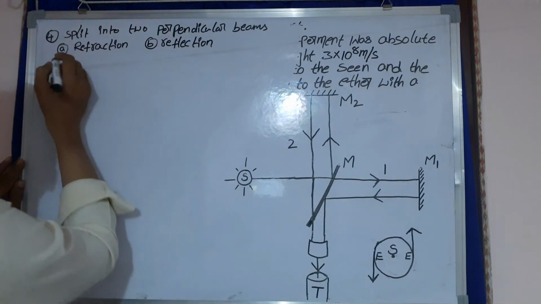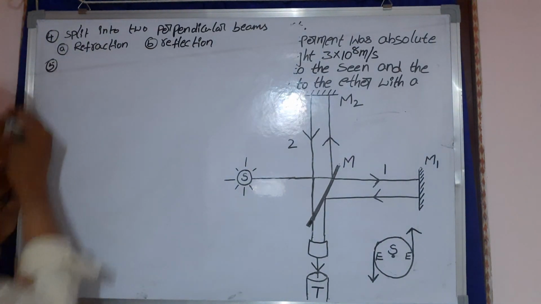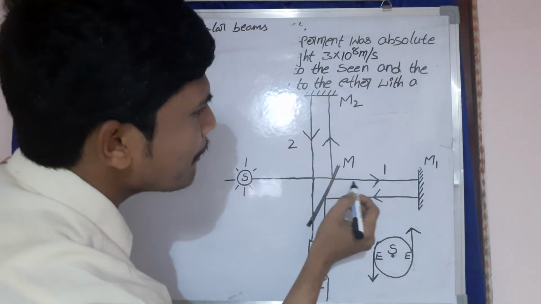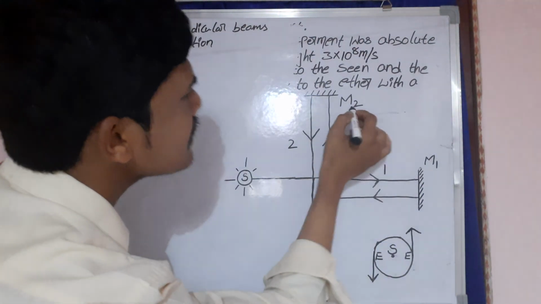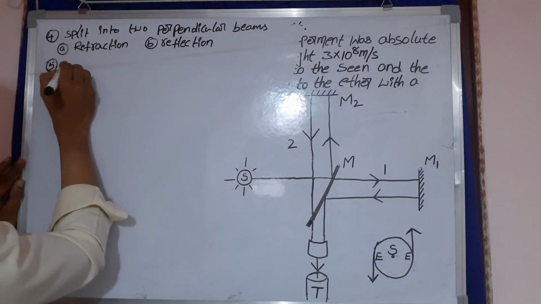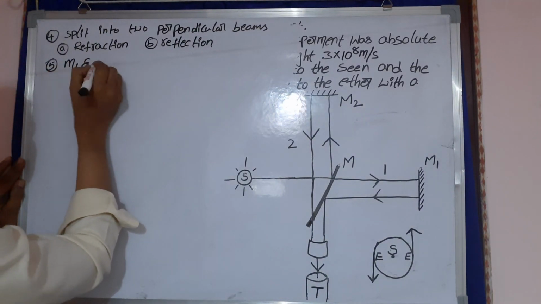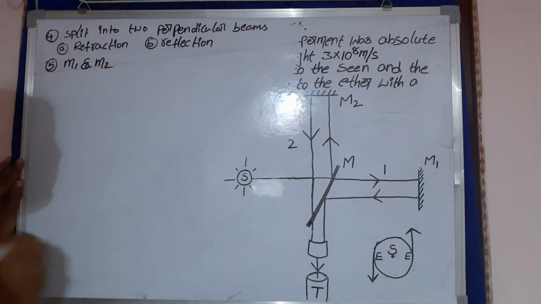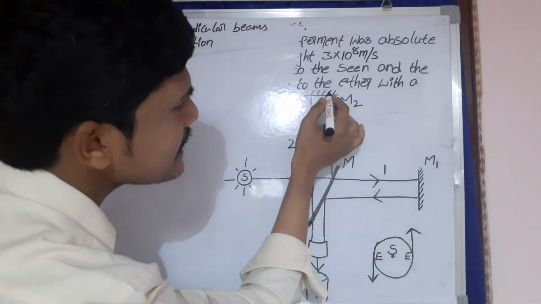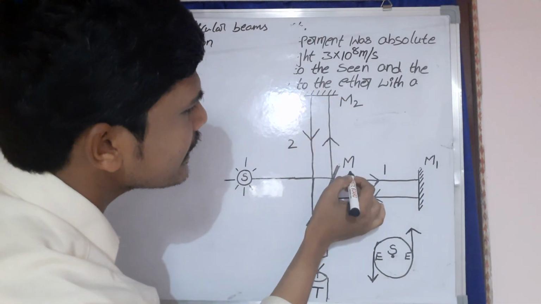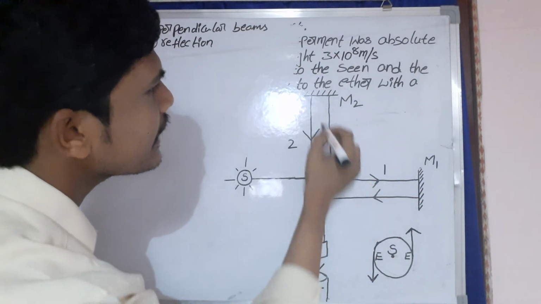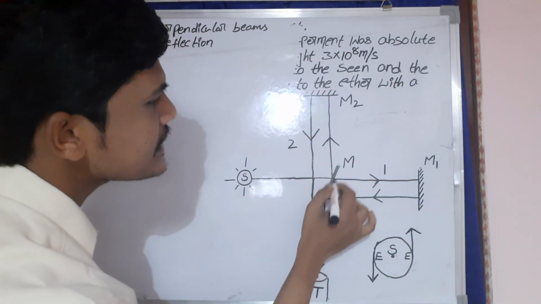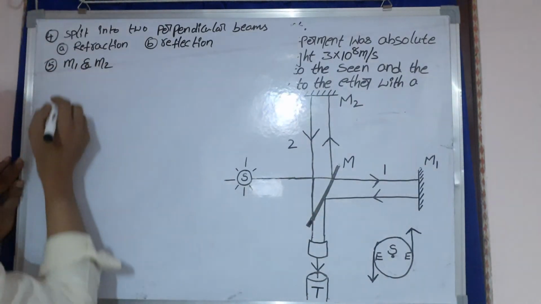The two beams reach mirrors M1 and M2 and get reflected back again to mirror M.